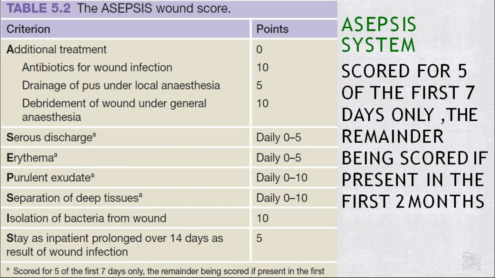With sterile gloves, after removing the dressings, we have to send it for bacterial culture. Then, stay as inpatient prolonged over 14 days as a result of wound infection: for this criterion, we will give 5 points.